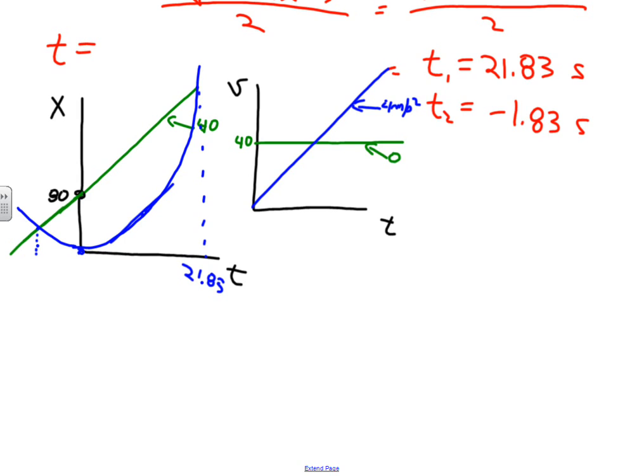Guess what time that was when they were in the same place at the same time? It's not at the origin, it's not way far away, but it's right there. So at negative 1.83 seconds, they actually are in the same place at the same time. Isn't that kind of cool? I just like that. That's just really neat.